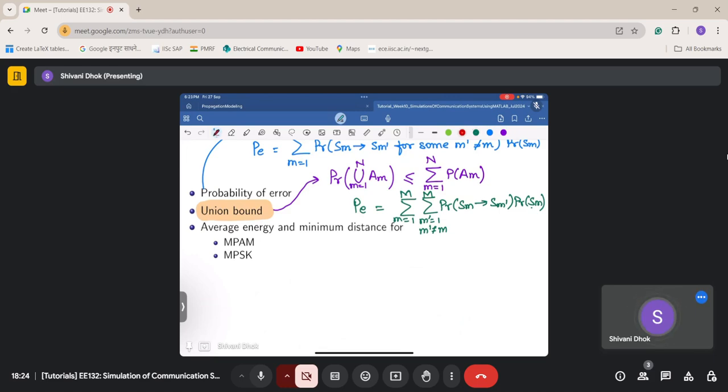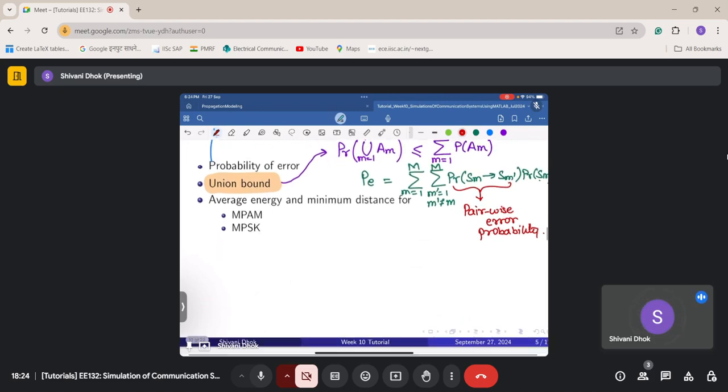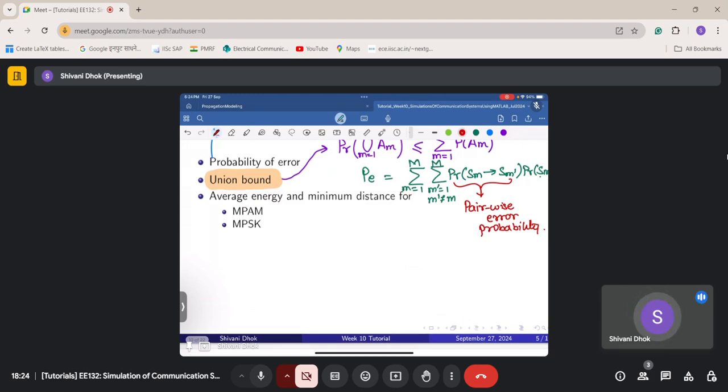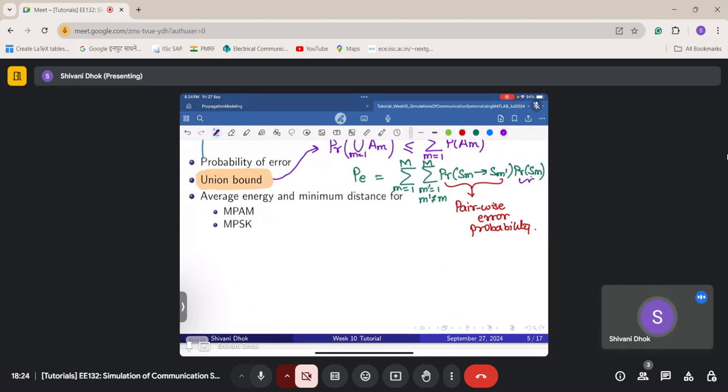And this thing here is known as pairwise error probability. Okay, so this we have seen in the lectures, and we had also specialized it for the case when this is equal to 1 by M. That is, all the symbols are equiprobable.